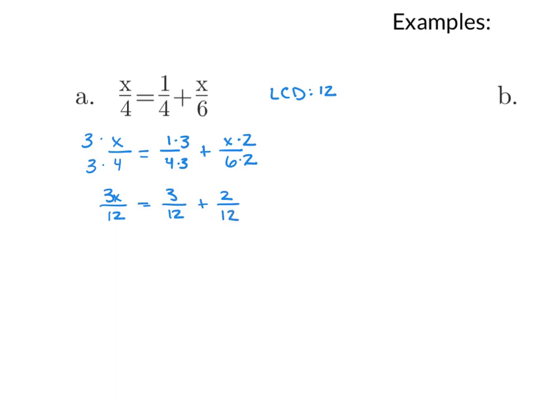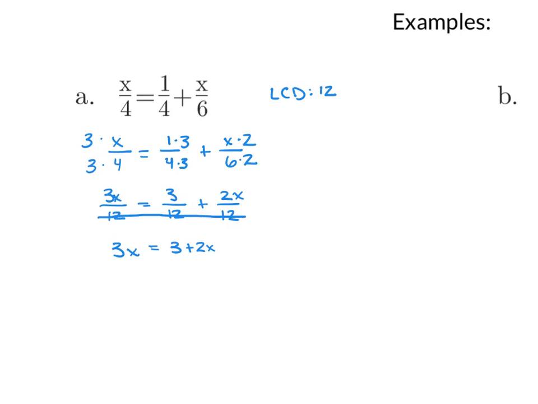Now, as we saw before, remember that since all of our denominators are the same, we can cancel them. Sorry, I forgot the x. And we have a resulting equation of 3x equals 3 plus 2x. So now we want to solve. This is a linear equation.